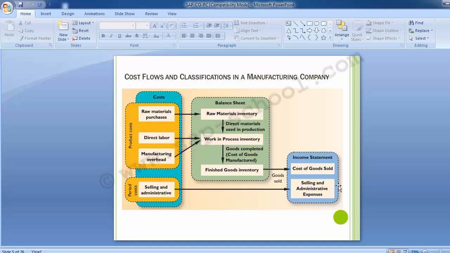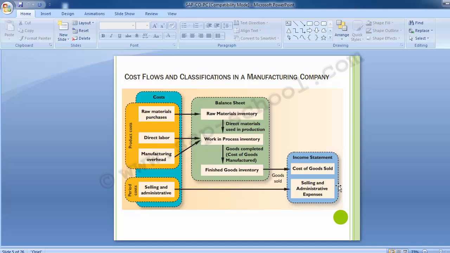It seems very simple as per the diagram, but when you go for manufacturing of a product, it includes a huge many things. So that is why this inventory is stored and then moved from the balance sheet to the income statement. The product costs are often called inventoriable cost.